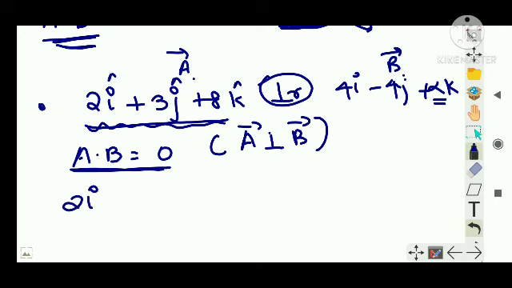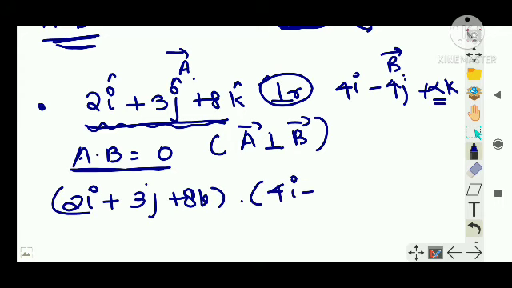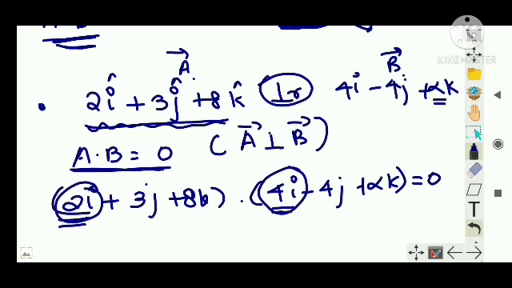That is, 2i plus 3j plus 8k dot 4i minus 4j plus alpha k is equal to 0. Clear? Now I just told you in dot product you can only multiply the common terms. So 2i is multiplied with 4i only, so it becomes 8, since i into i is 1.